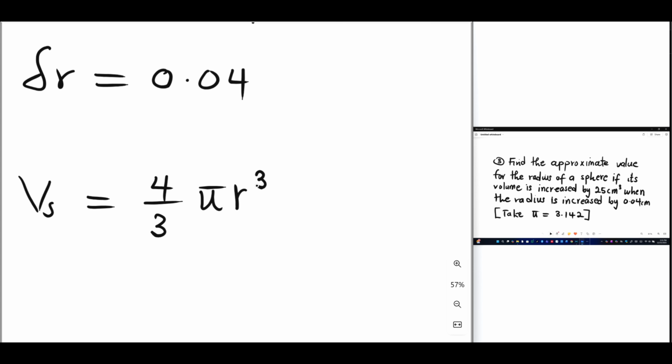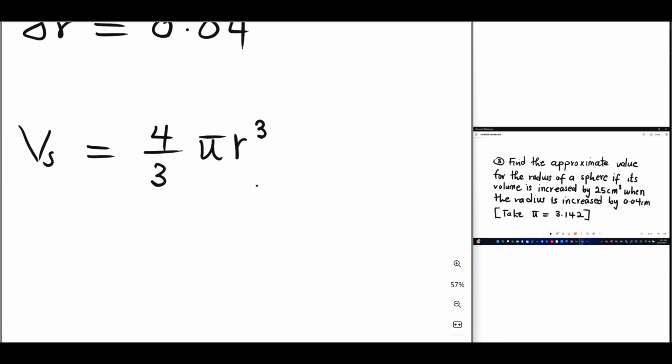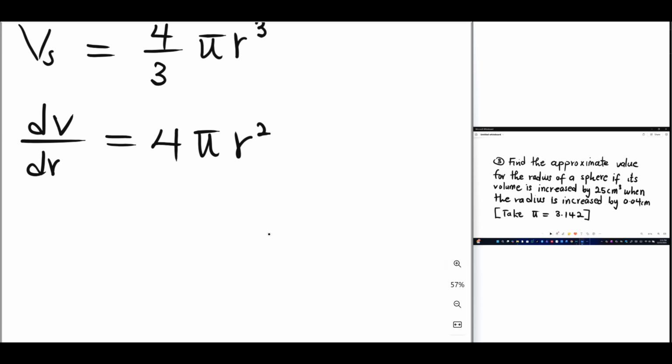So we are going to differentiate, to determine the change in the volume with respect to the radius. We have dV/dr, which is approximately the same as the small change in V divided by the small change in r. We have dV/dr to be 4 pi r squared.